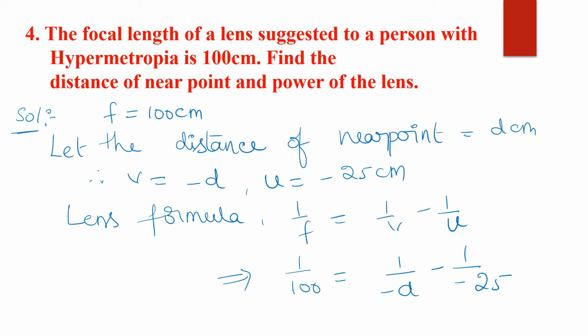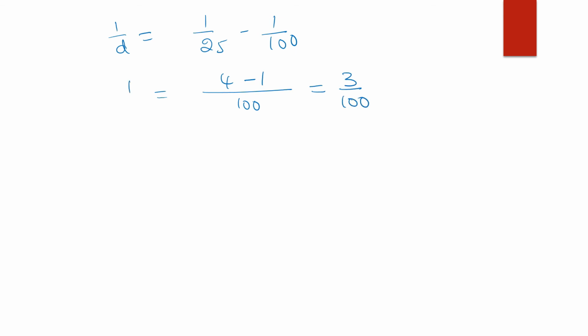So this can be written as 1 by 100 is equal to minus of minus plus, so 1 by 25 minus 1 by d. From this, 1 by d is equal to 1 by 25 minus 1 by 100. Now taking LCM 100, 25 fours are 4, minus 1, so that is equal to 3 by 100. Here 1 by d is equal to 3 by 100, so d is equal to 100 by 3.